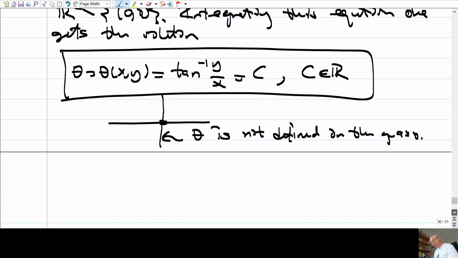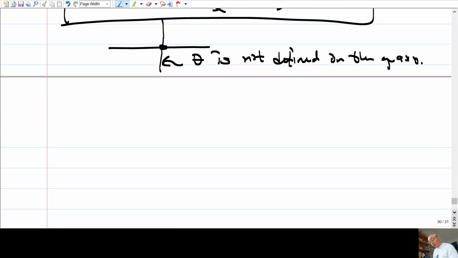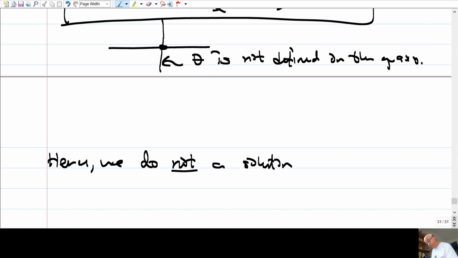And this is not a surprise. So, hence, we don't get a solution on R2 minus (0,0). So we wonder whether the theorem is not correct or not. Well, theorem is correct, but the hypothesis of the theorem is not satisfied.